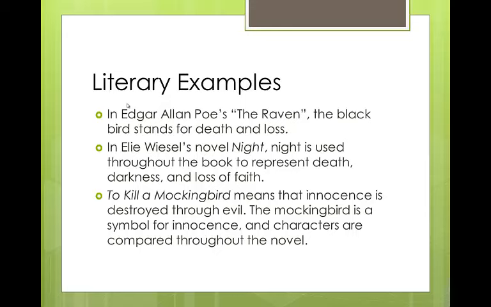One thing you will notice about symbolism in literature is that these symbols, which again can be people, they can be places, they can be concepts, they can be objects, these symbols are carried on throughout the piece of literature. The raven, the poem is about the raven, so the raven comes back over and over again, and is mentioned.